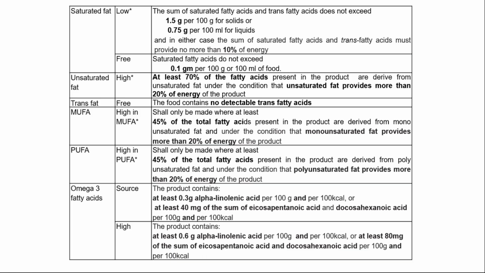So all these words are there for all the nutrients, that is MUFA, PUFA, omega, unsaturated fat, because most of the food business operators use these words as a marketing or advertising strategy, and these words were not defined, but now these words have been numerically defined.